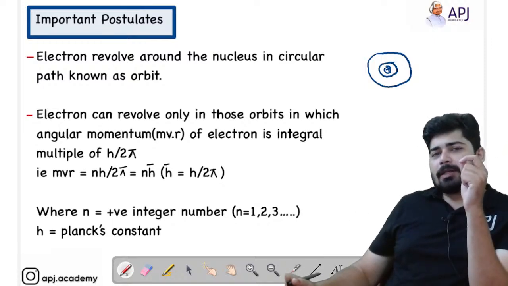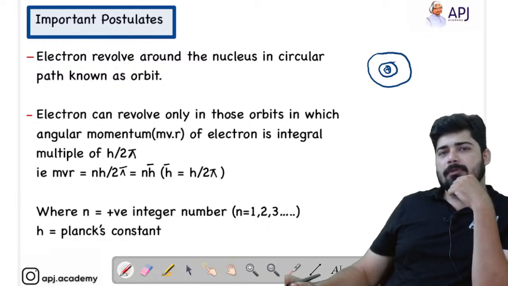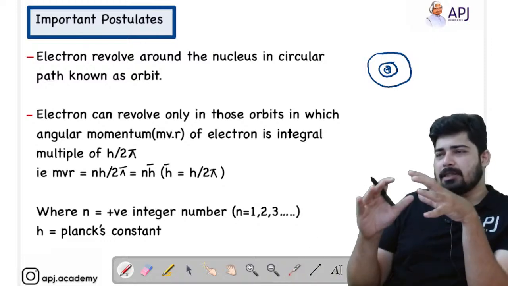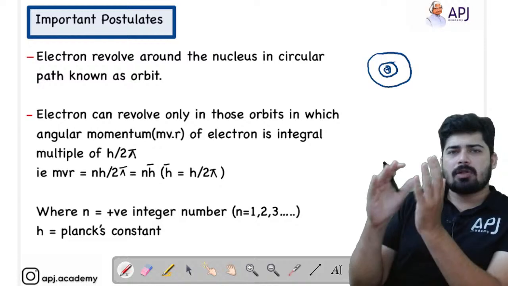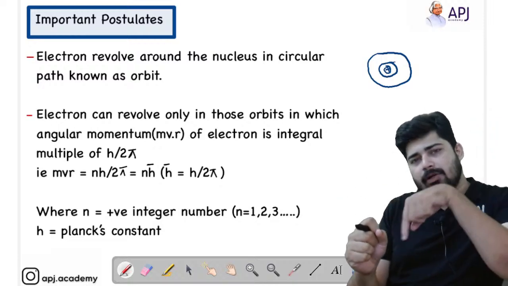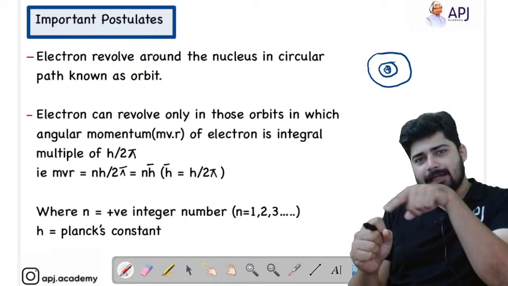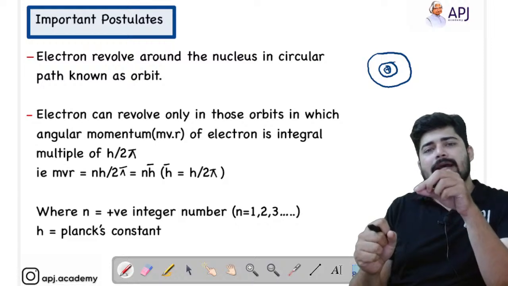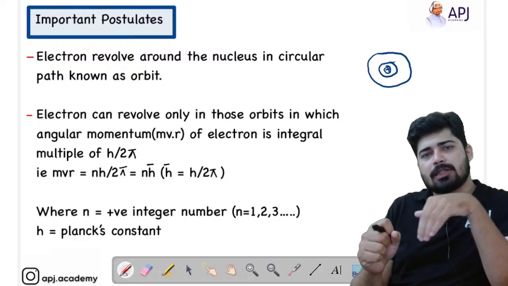But there was a problem with Rutherford's model: he couldn't explain the stability of the atom. What do you mean by stability? The Maxwell theory was there. What Maxwell said was that whenever an electron starts revolving, it uses its kinetic energy and starts to lose its energy.